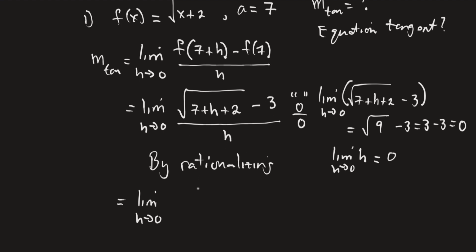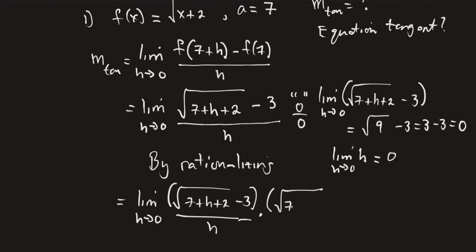So rewrite the difference quotient. So square root of 7 plus h plus 2 minus 3 over h, and then multiply the top and the bottom by this other quantity. The same root, 7 plus h plus 2, but instead of minus 3, change the sign to a plus 3.